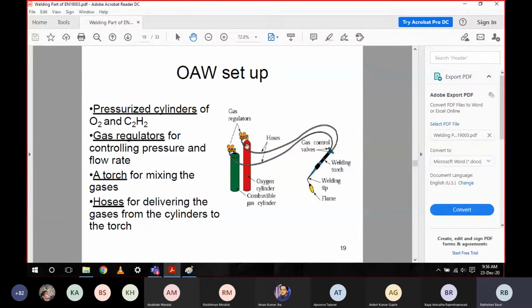They are connected with hoses to a common torch where the acetylene and oxygen get mixed. The stream comes out of the torch, and when you apply ignition, you get a fine, concentrated flame of heat, and that heat is used for melting the metal for the joining process. Now see the video I am sharing.